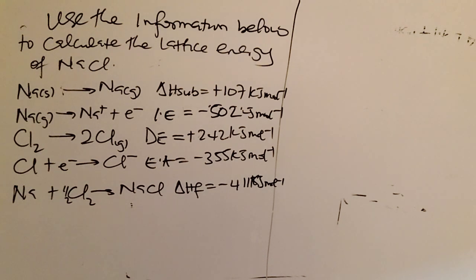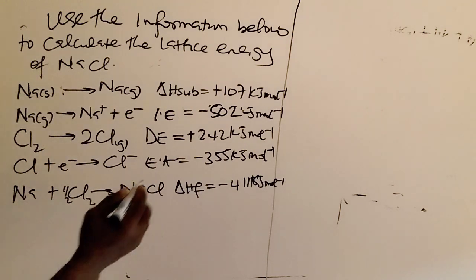Let's look at the problem on the board, which says use the information below to calculate the lattice energy of sodium chloride. The first reaction shows sodium going from solid state to gaseous state, with the enthalpy of sublimation as 107 kilojoules per mole. The second shows sodium gaseous atom going to sodium ion, with energy of minus 502 kilojoules per mole.